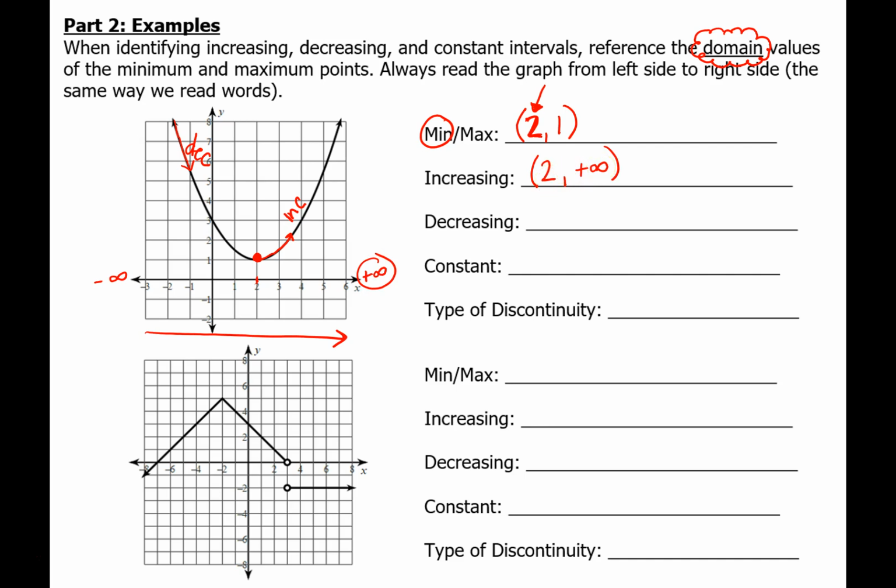Notice here that I did not use any hard brackets. We are going to use soft brackets only for everything with increasing and decreasing. Don't let that mess you up from when we were talking about domain and range.